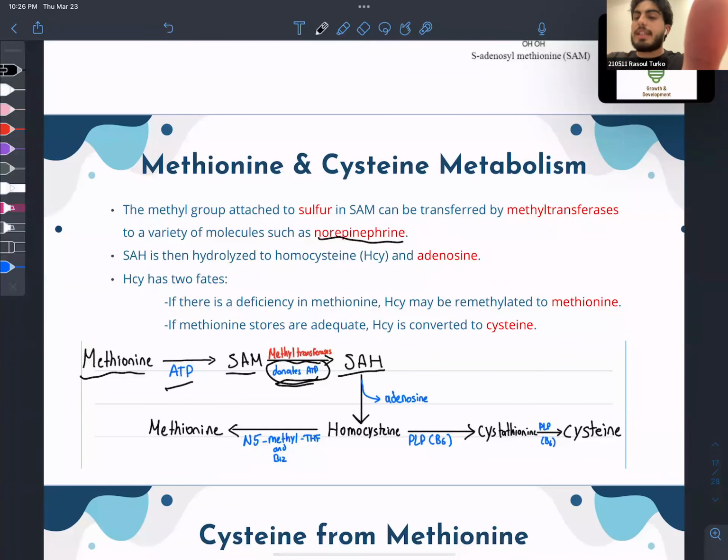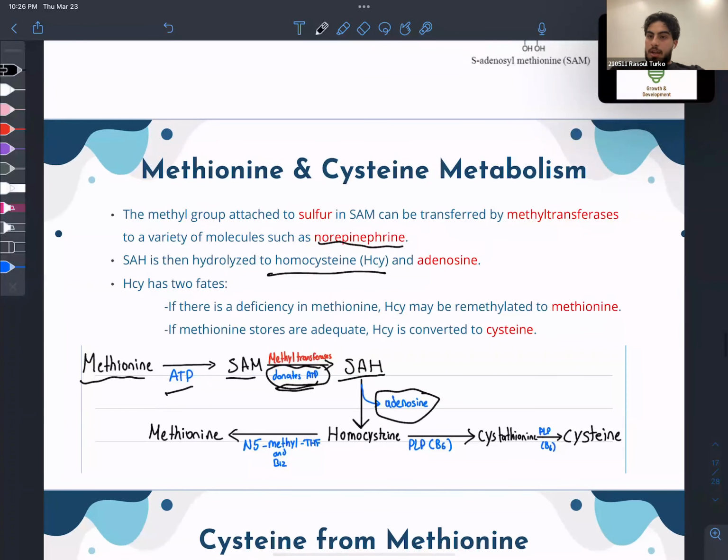Now that SAH can become homocysteine, and it's important to know that it becomes homocysteine while producing adenosine, so it produces homocysteine and adenosine. After homocysteine, there are two different pathways it can take.